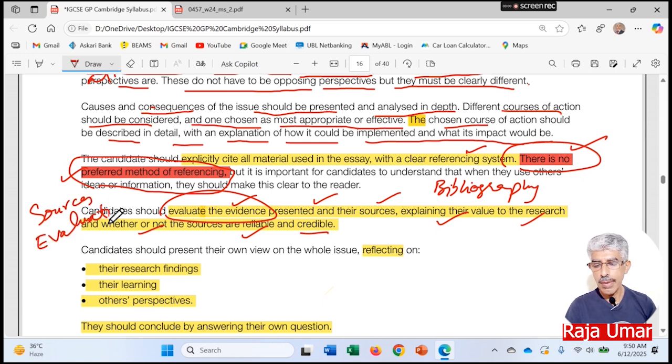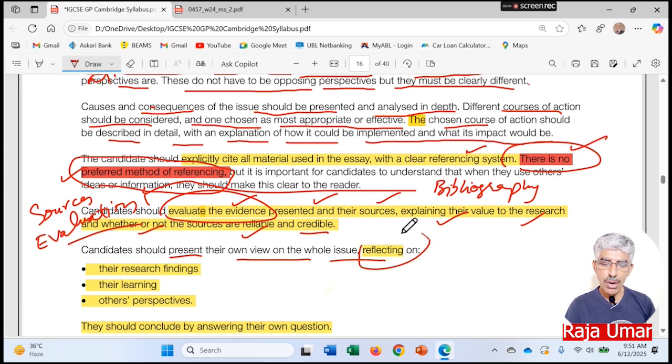Whatever sources you are using through your bibliography, you are supposed to explain them, justify them, and authenticate them, showing that the sources you have used are reliable, credible, and most appropriate to your research. That is the most important thing.